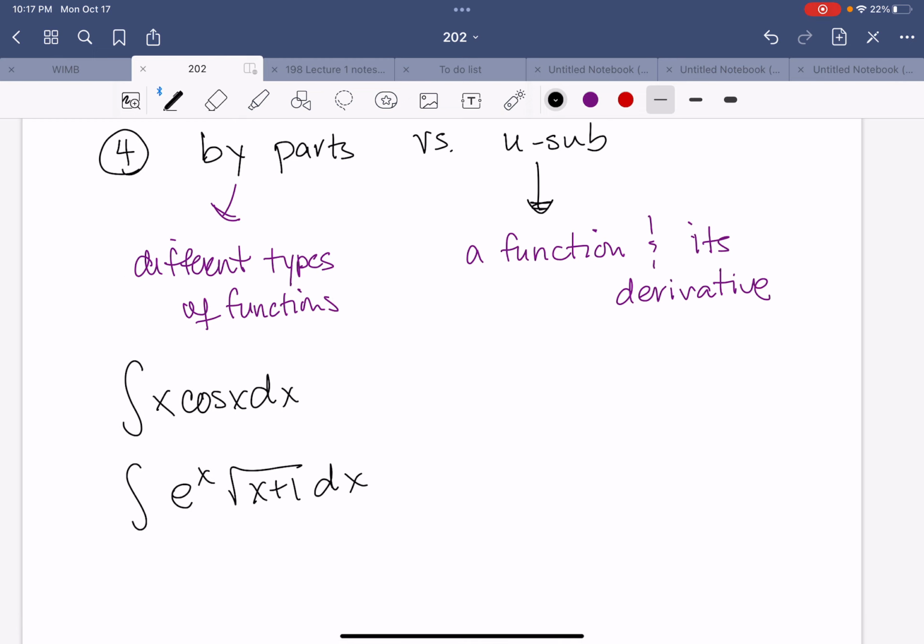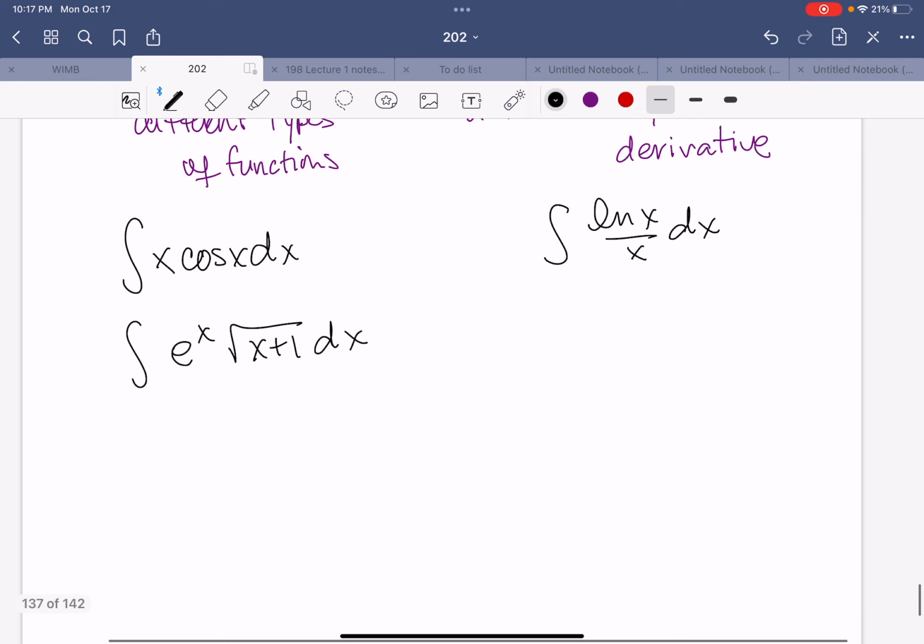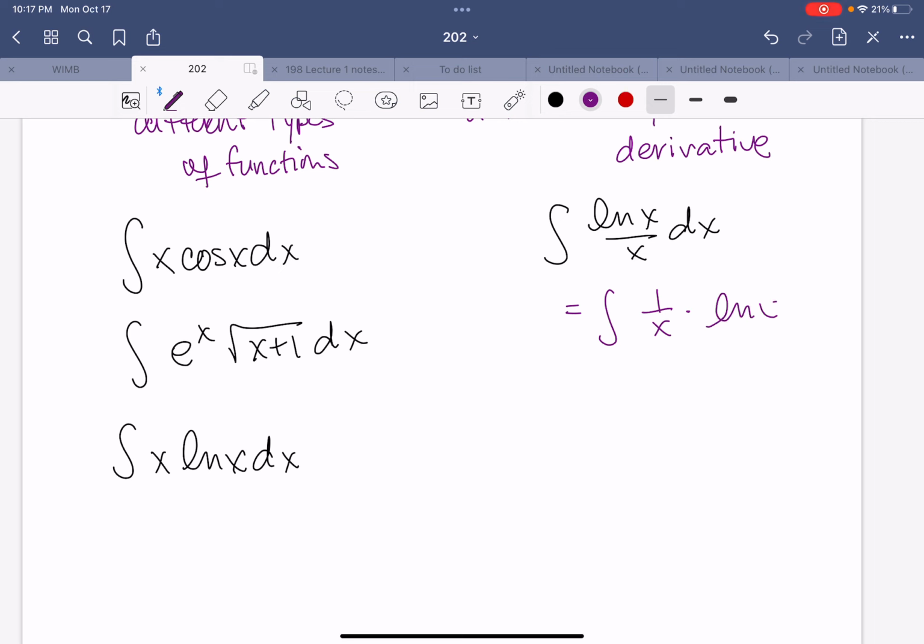Things that would be u sub are things like ln of x over x dx, versus something like x ln x dx, which would go over here. Why? Because this one can be separated as the integral of 1 over x times the natural log of x dx, and then you have a function and its derivative, so I would u sub. Over here, you have a function, but x is not its derivative. So that's not going to work out for me.